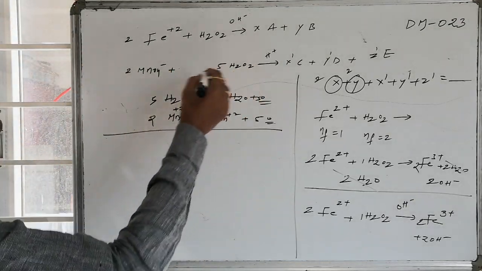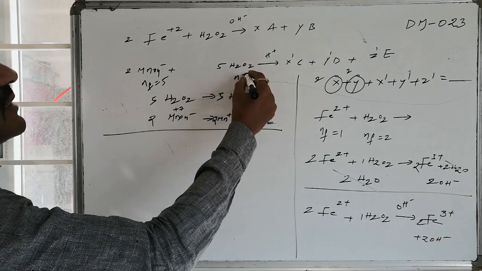On behalf of n-factor, its n-factor is 5 and the other's n-factor is 2.